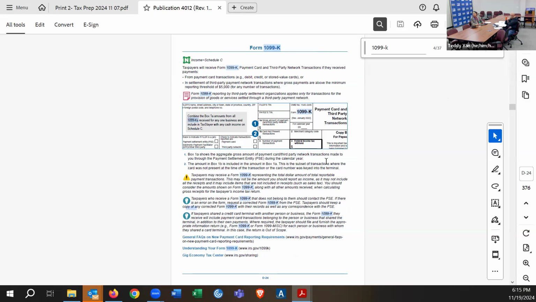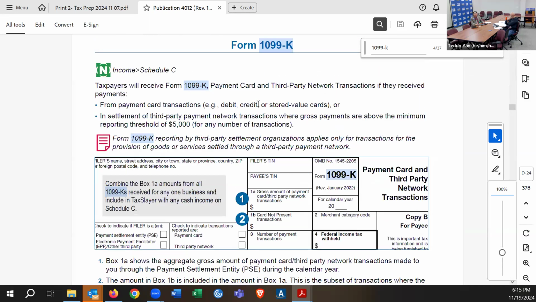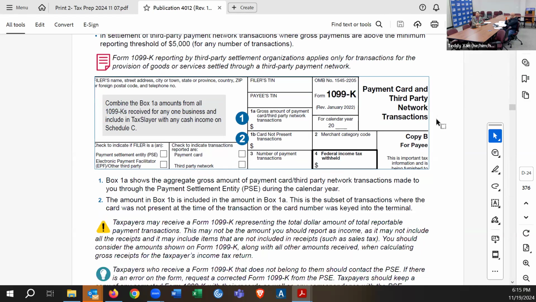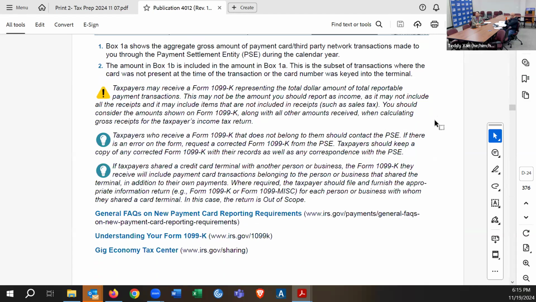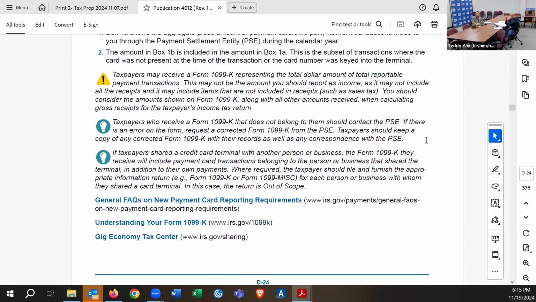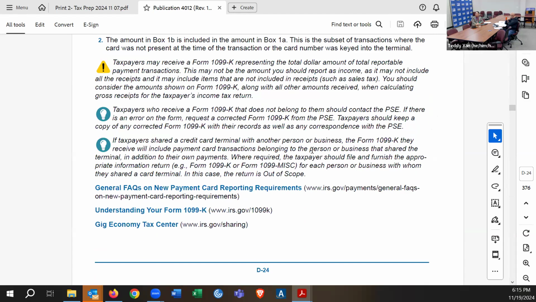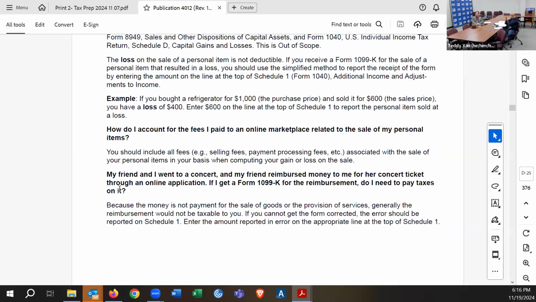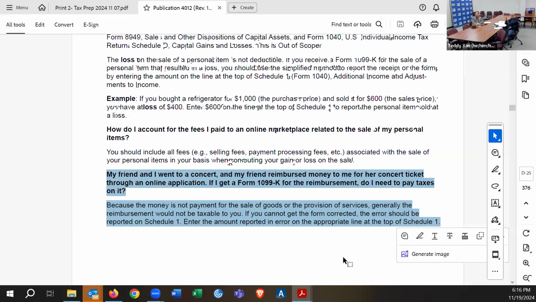Here we go. All right, this is page Delta 24. It's talking about 1099-Ks. And the magic is there's a frequently asked questions section. And it says, this is an explicit thing that they mention here.